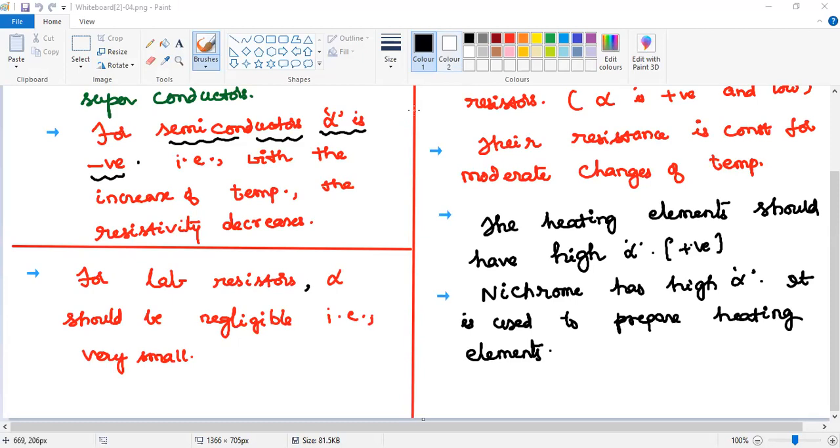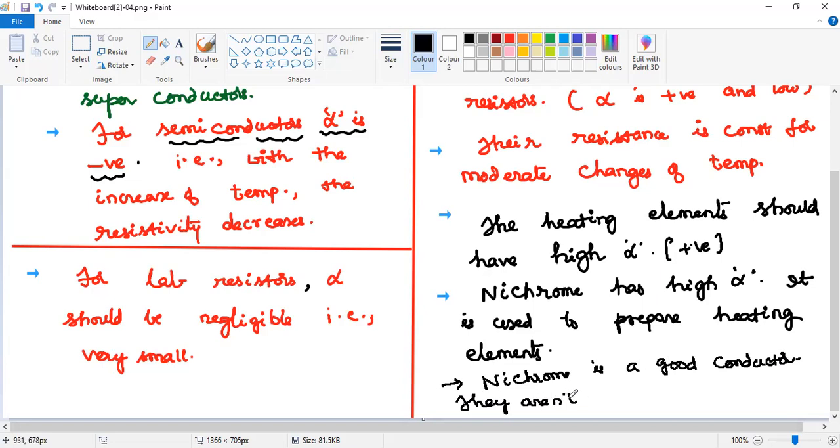The final point I am saying, we are going to close the call with this point: nichrome is a good conductor, and that's why it is not used in geysers and immersion heaters.